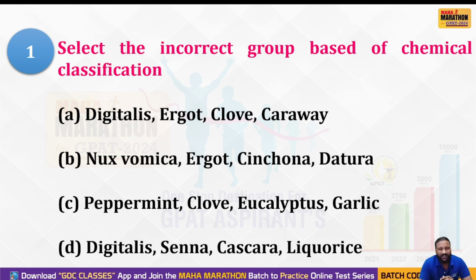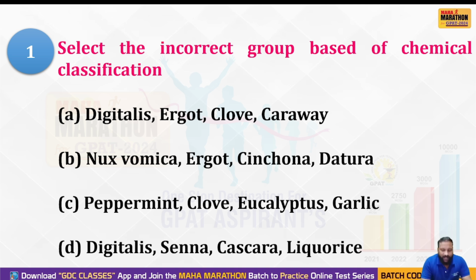The options are: digitalis, ergot; nux vomica, ergot, cinchona, datura; peppermint, clove, eucalyptus and garlic; digitalis, senna, cascara and licorice. Do post your answers.